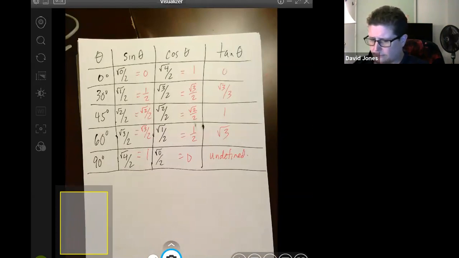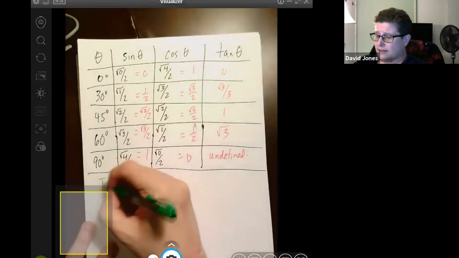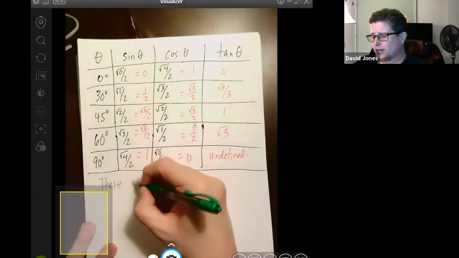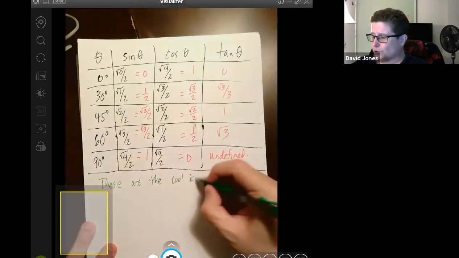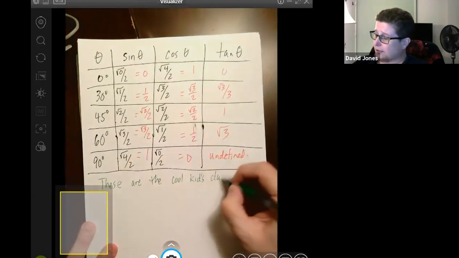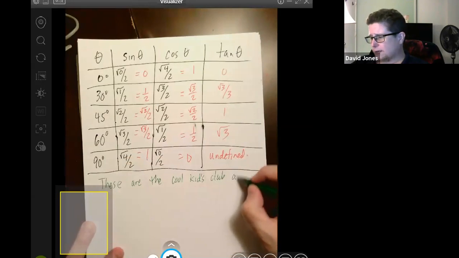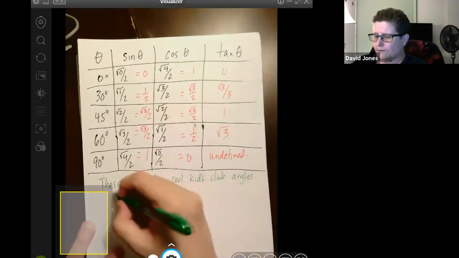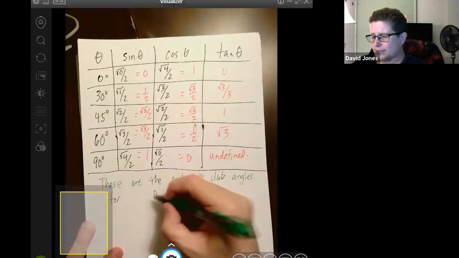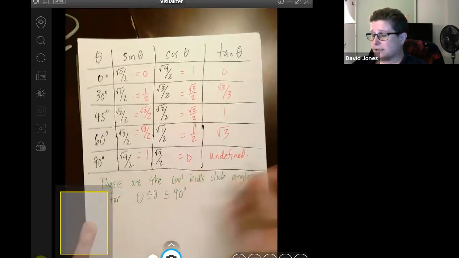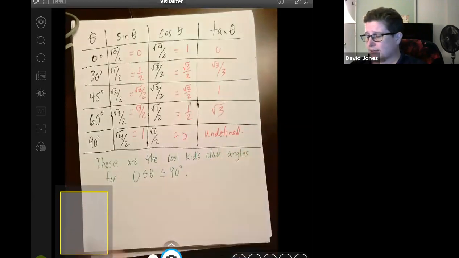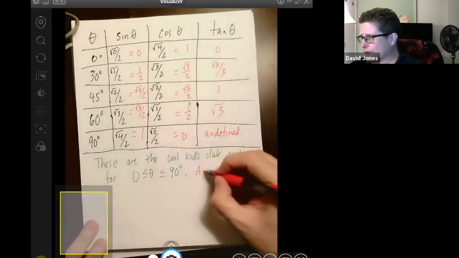Now, this is for angles. These are the cool kids angles, cool kids club angles. For theta when it's between 0 and 90 degrees. These are acute angles.